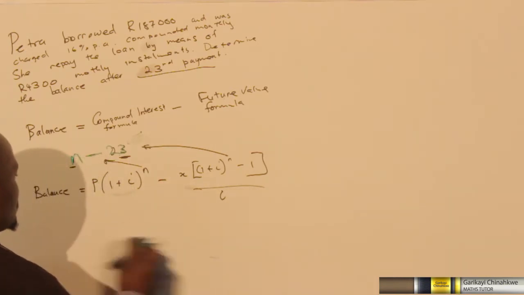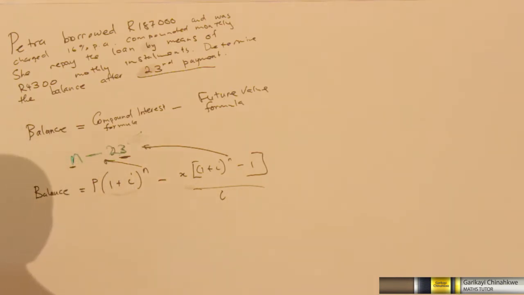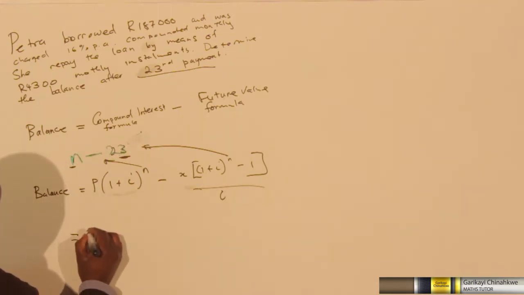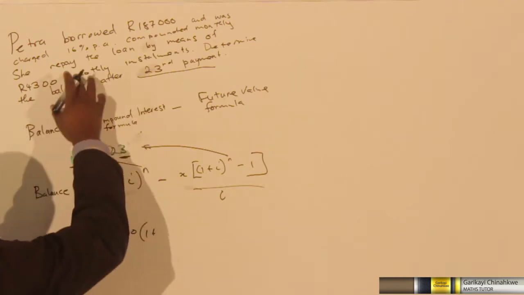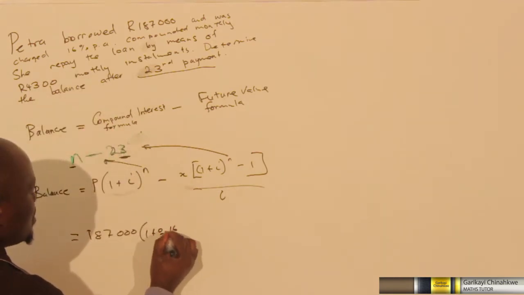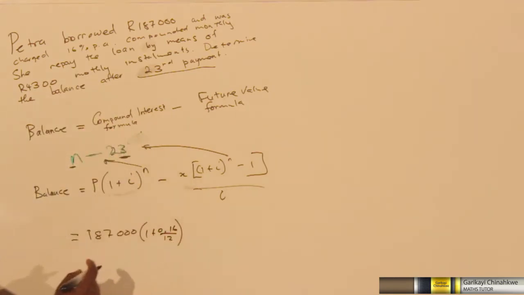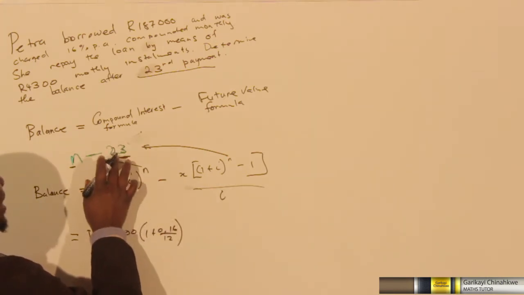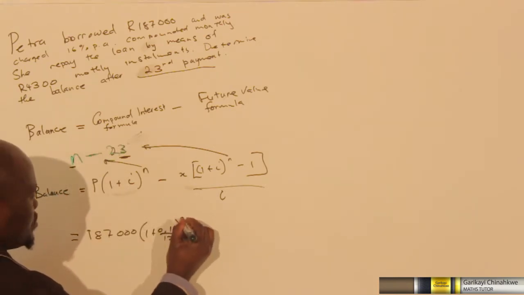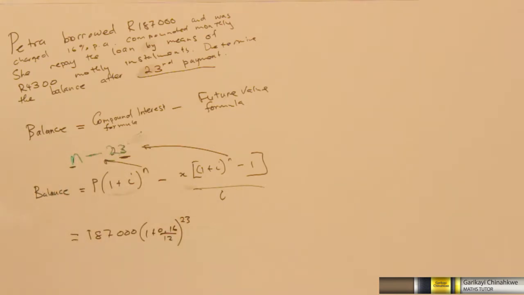So in this case, you're just going to say, how much is it that Petra borrowed? You can see that Petra borrowed 187,000. This is how much she borrowed. 1 plus i, we're given that it is 16%, which is 0.16 over 12, compounded monthly, to the power of N. N is 23, so you write 23 here, because you are given the 23rd payment.